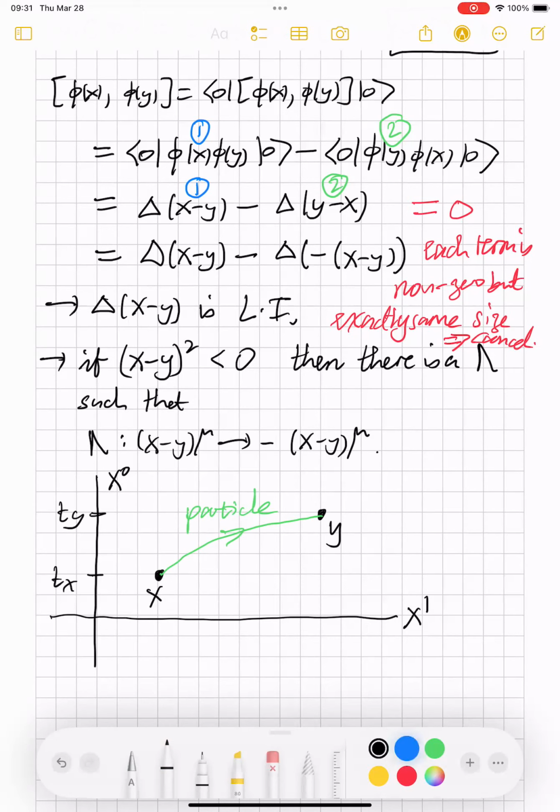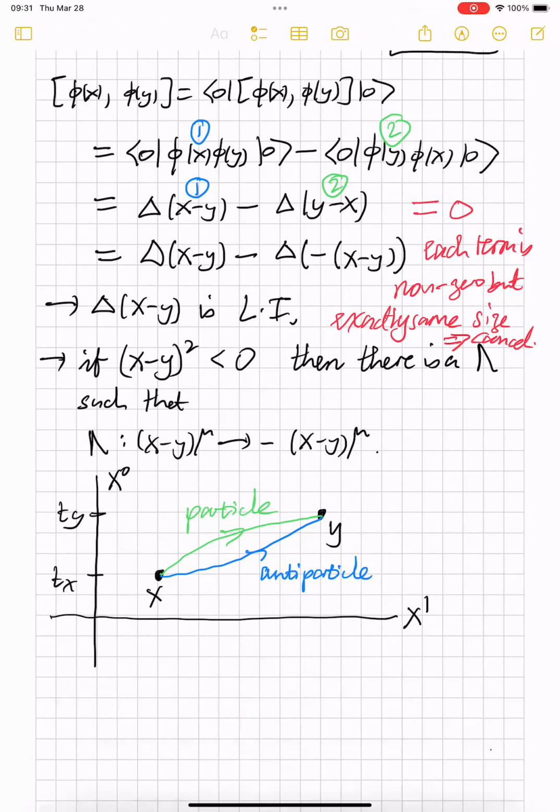Well, term number 1 corresponds to a particle which is created at y, so it's created at ty, and it's destroyed at x. It's destroyed at tx. So it is destroyed before it is created. Well, we just discussed that, and that means we have an antiparticle moving from x to y, okay?